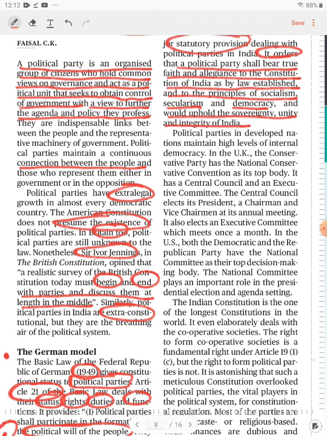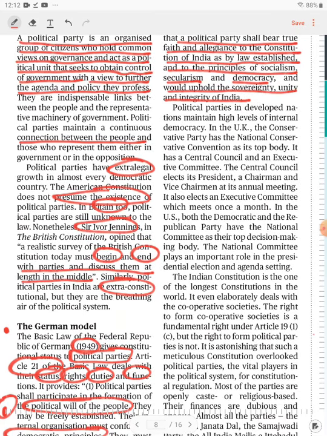If you see political parties in a country like the UK, there it may not be constitutional, but the political parties are maintaining democracy. In the UK, the Conservative Party has a National Conservative Convention as a top body. It is not important for the exam, but you must understand how a political party in the UK is behaving, or also in the US.